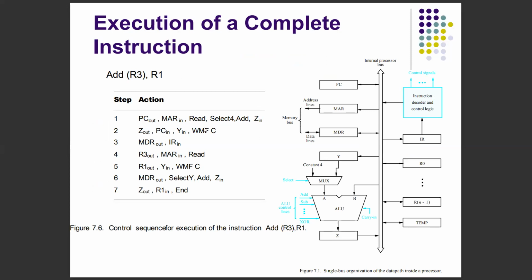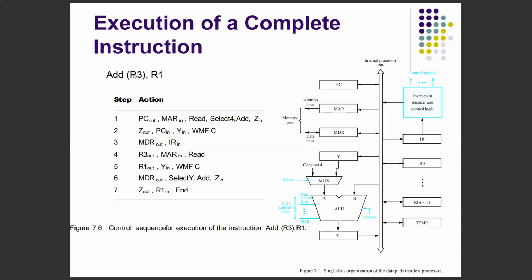We'll take one example: add (R3), R1, which means we have to perform the add operation between the operand available in the R1 register and, with R3 in brackets, R3 contains some memory address. In that memory address, the actual operand is available.